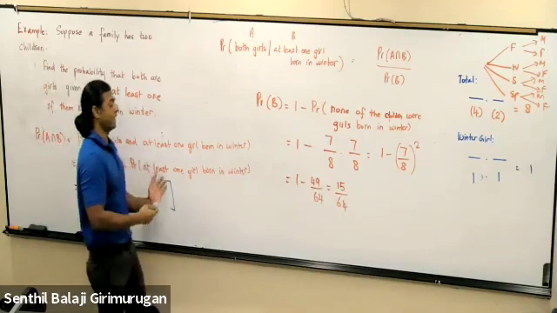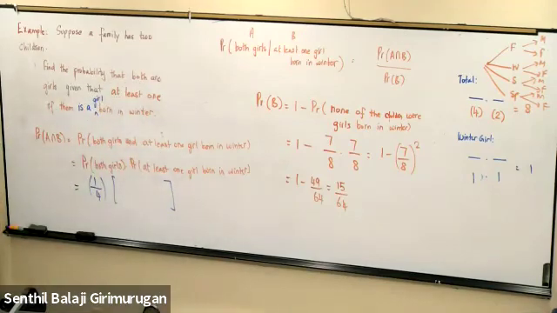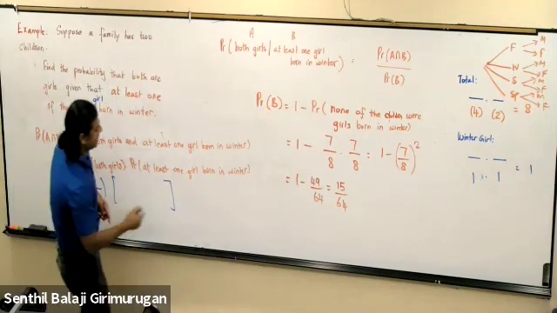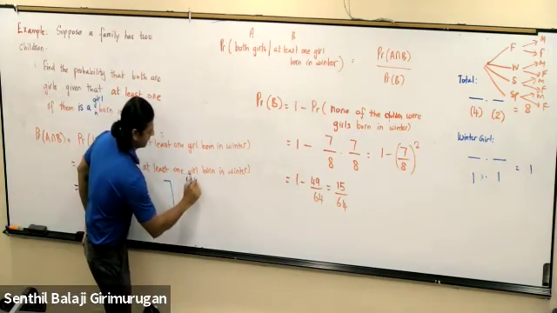So you could say at least one child born in winter. Let me put it in parentheses. Since we know the gender, you could call this as child.